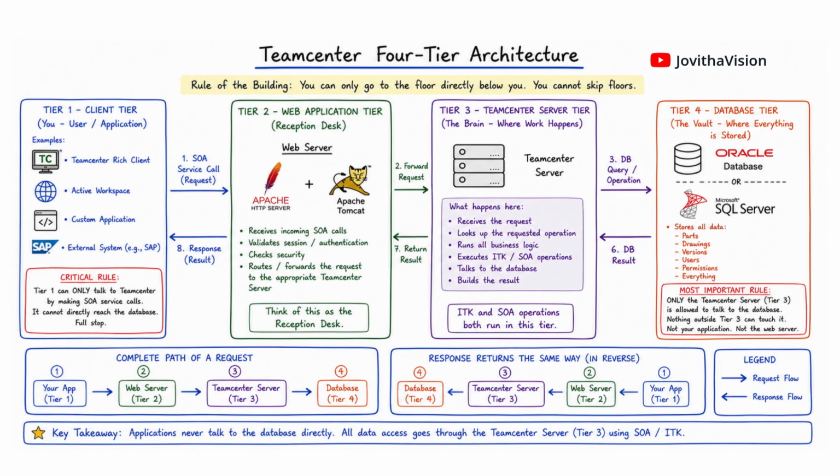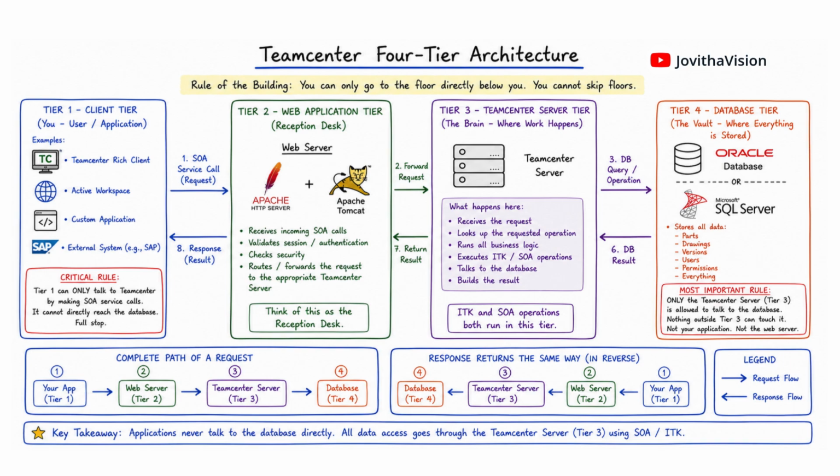Tier 4, the database tier. This is the vault where everything is stored. Oracle database or Microsoft SQL Server. This is where every part, every drawing, every version, every user, every permission is stored. And here is the most important rule in the entire architecture.